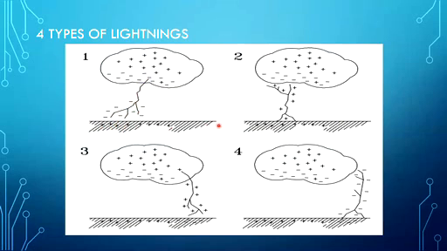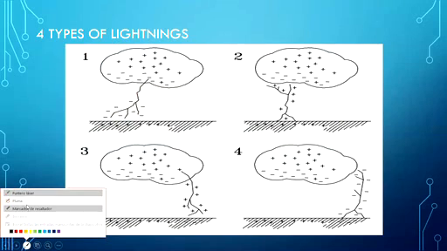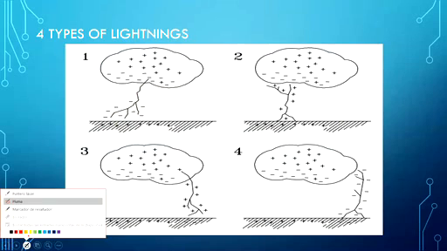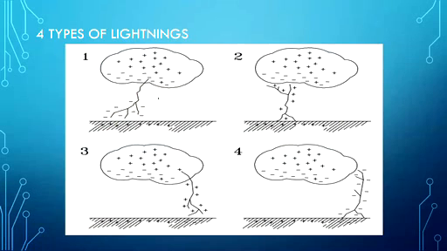This type of lightning, number 1, is also very common because this type of lightning happens in 90% of the cases. 90% of the lightnings are going to be of this type, where a negative charge is going to be attracted to a positive charge.